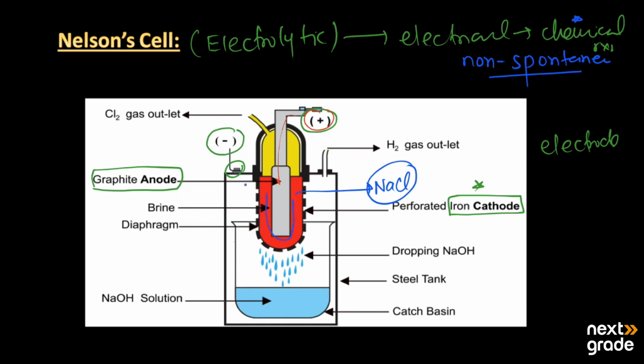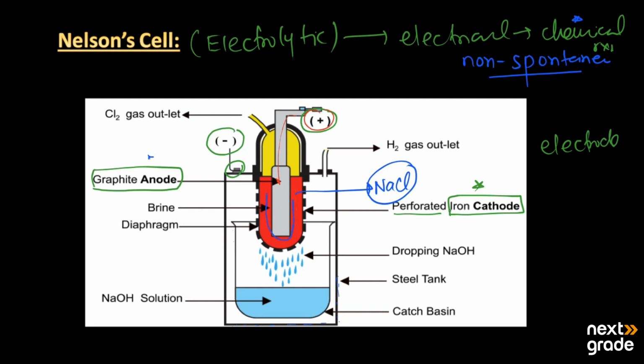It basically consists of a hard part, which is a steel tank containing two electrodes, anode and cathode. When we put the brine in it, the cathode that we use is a perforated cathode. Why do we use the perforated cathode?